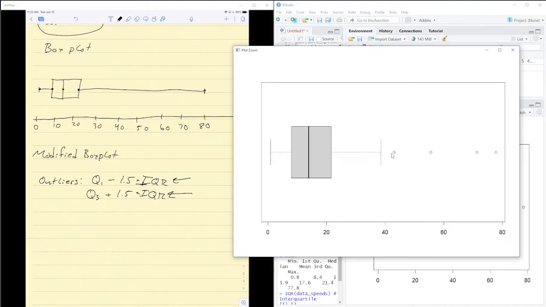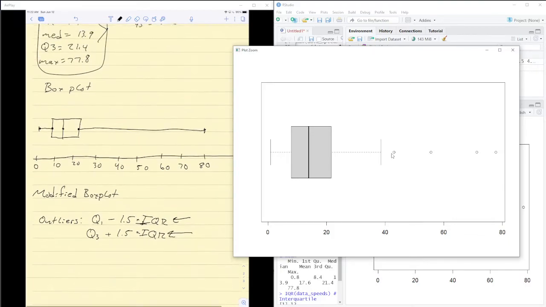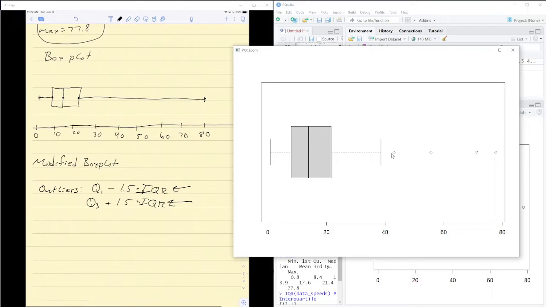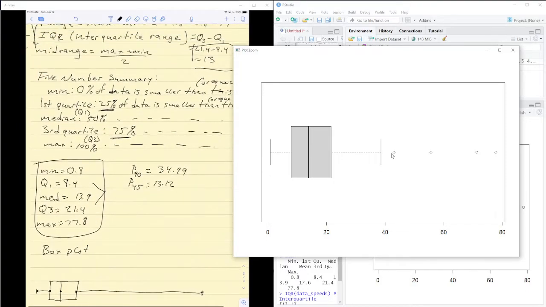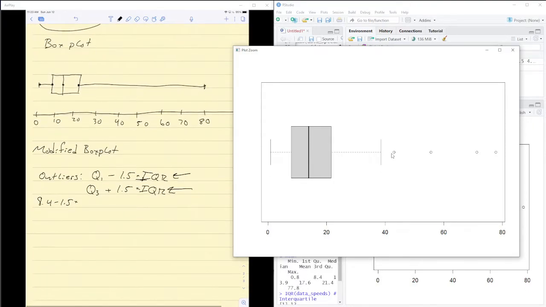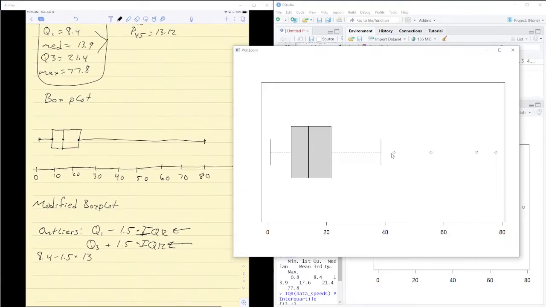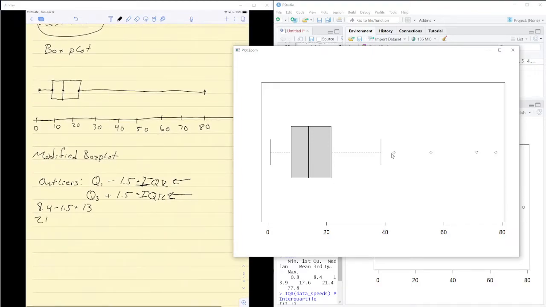So let's calculate this. My Q1 was 8.4 minus 1.5 times my IQR, which was 13. And then Q3 is 21.4 plus 1.5 times 13. Let's see what these two numbers are.